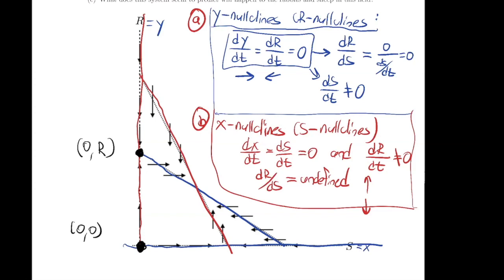Yeah, we've got another one over here and another one over here. We've got a total of 4 equilibria in this system. And just be careful that this point over here is not in equilibrium because it's an intersection of 2 Y null clines. And this point over here is also not in equilibrium because it's an intersection of 2 X null clines. Okay, questions about that?